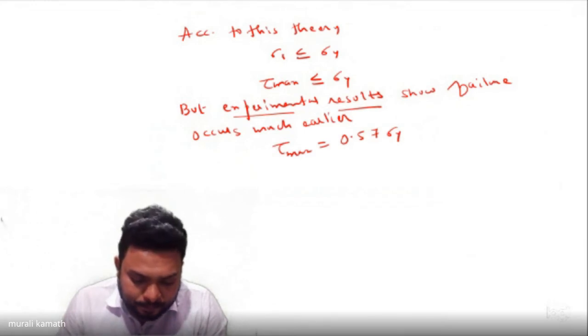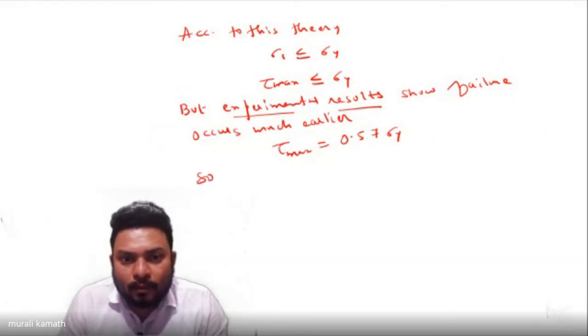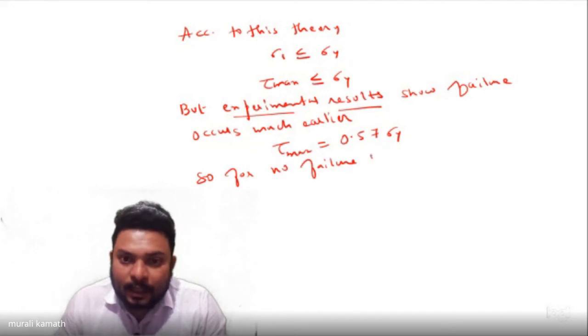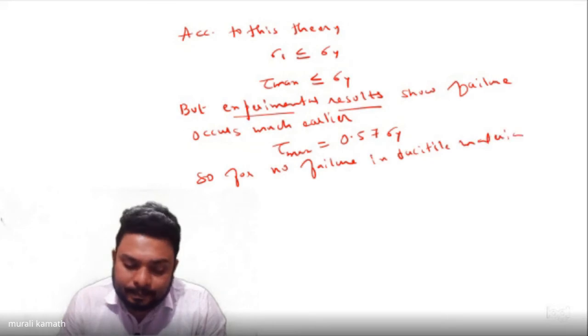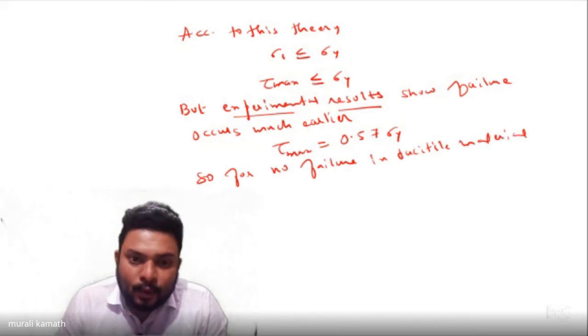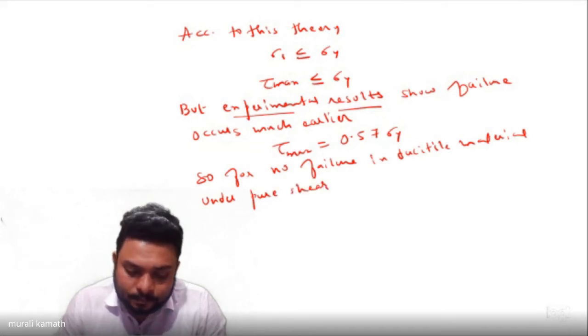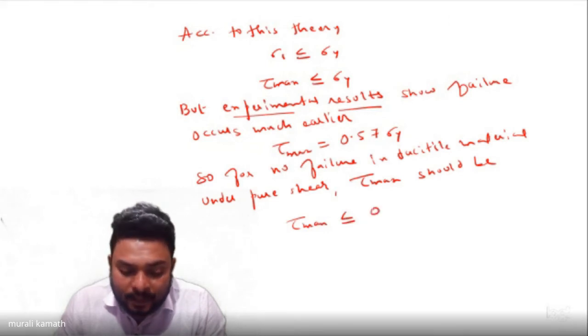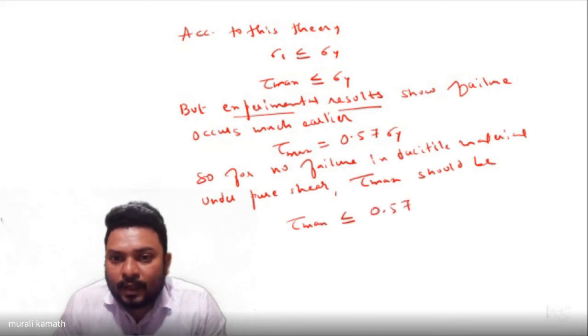So for no failure in ductile material under pure shear, tau max should be less than or equal to 0.57 of your yield strength.